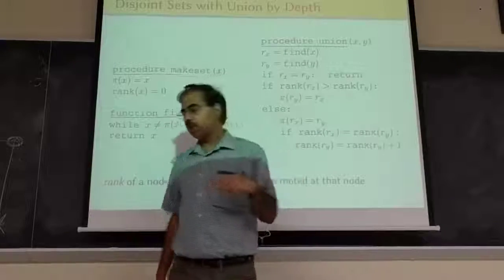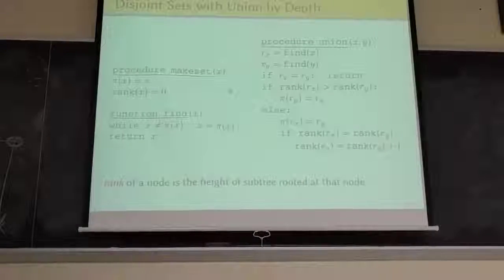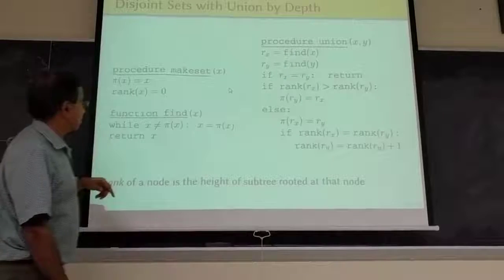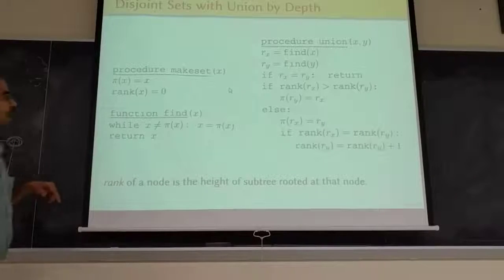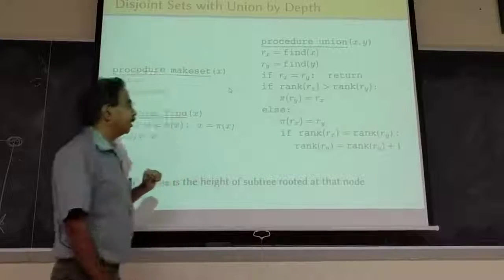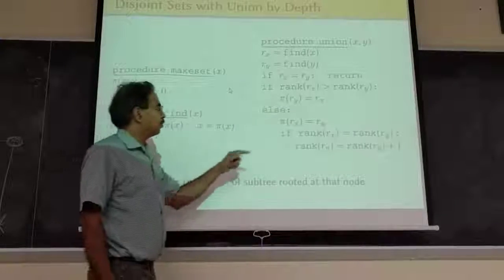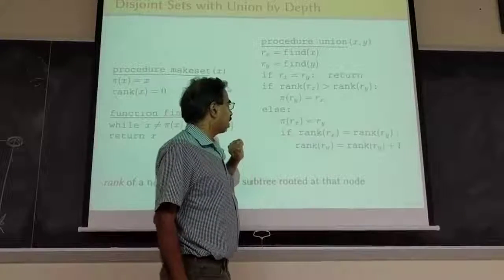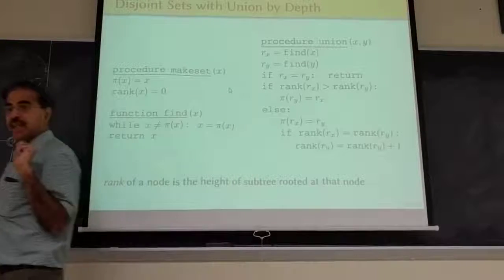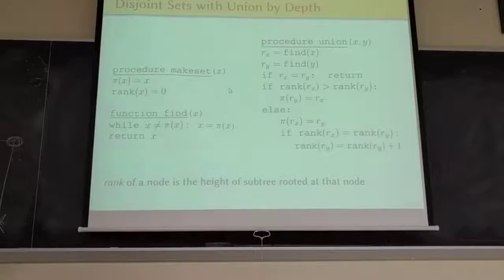Okay, so this makes sure that things will stay balanced. In addition, what you need to do is keep track of the depths, right? So if R of x and R of y are the same, if the depths are the same, then when you make one of them the child of the other, you are going to increase the depth.